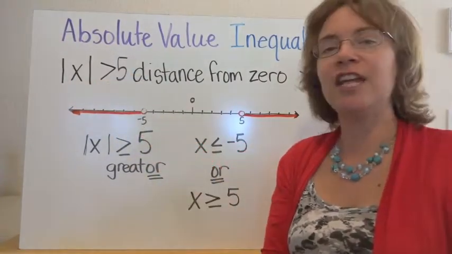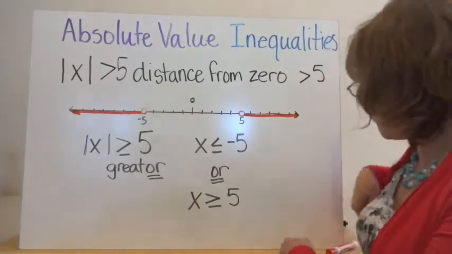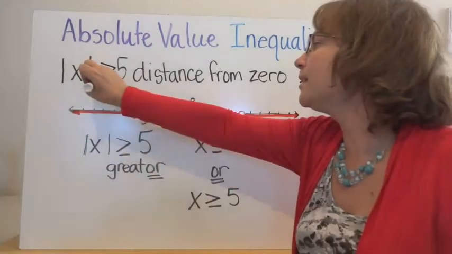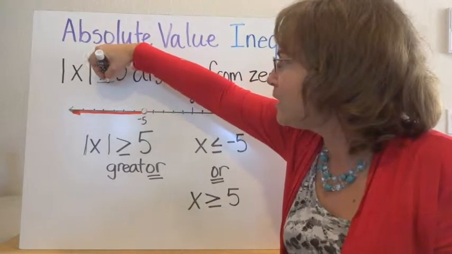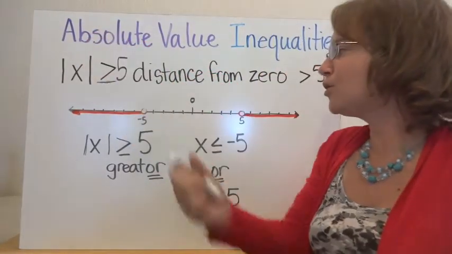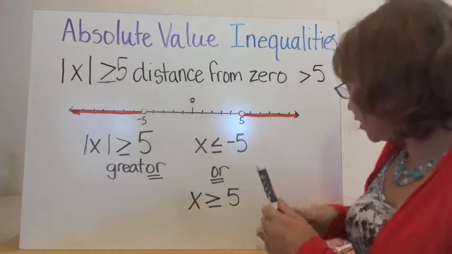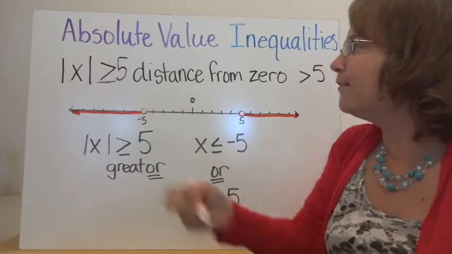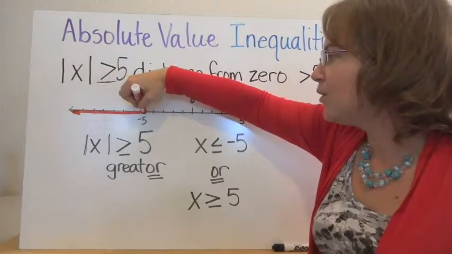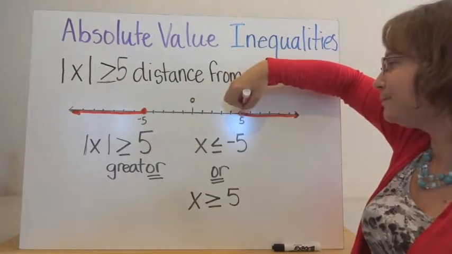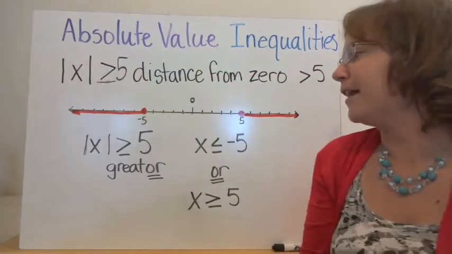If we wanted to change that and include 5 and -5, all we would have to do is put a little line under here, and that would mean that they are included. So before, I had an open circle, which meant that it didn't include 5 and -5, but if I have this right here, my circle's going to be colored in, which means it includes both 5 and -5.